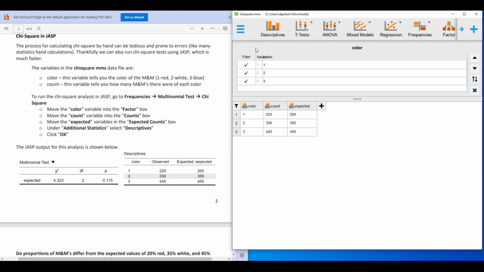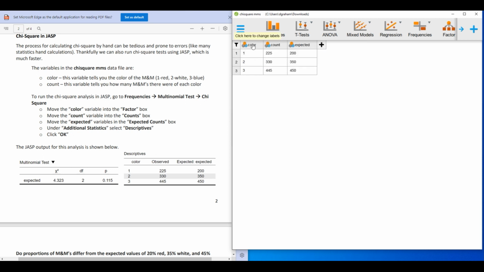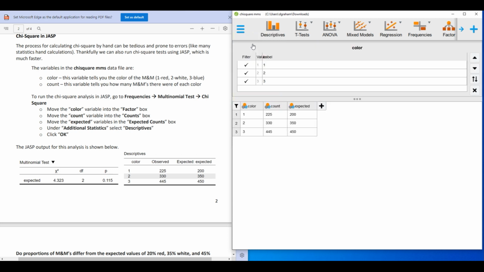We'll go ahead and add these labels in here. You can open up that menu by clicking on the name of the variable. So 1 is red, 2 is white, and 3 is blue, so we don't have to remember.